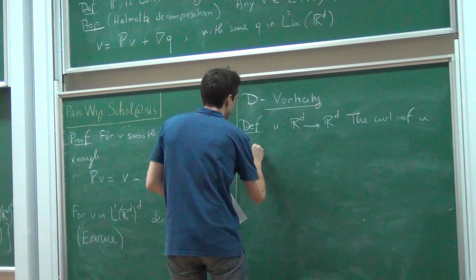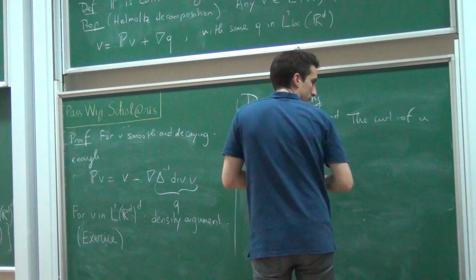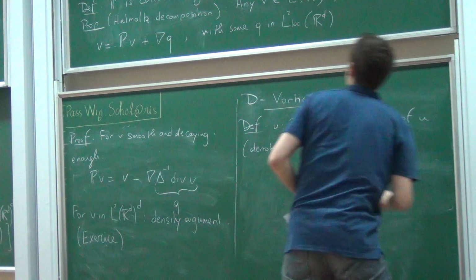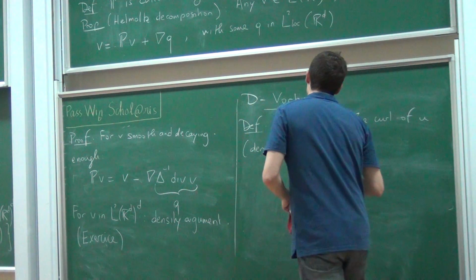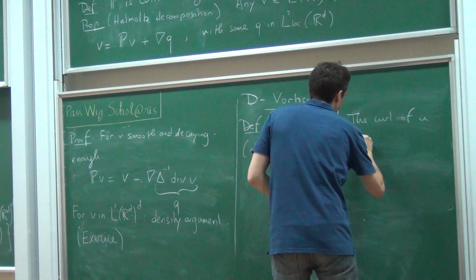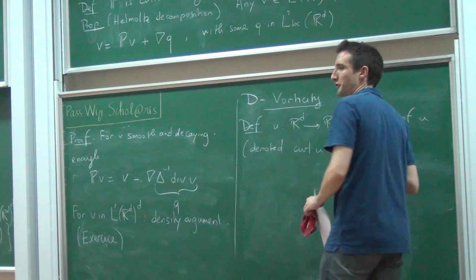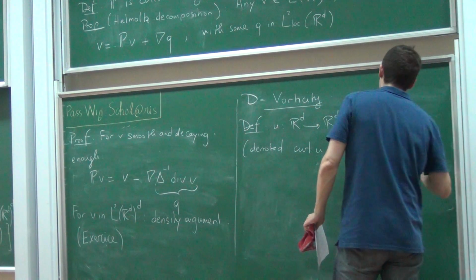You can denote it as curl U, you can denote it as nabla cross U. So what is it?